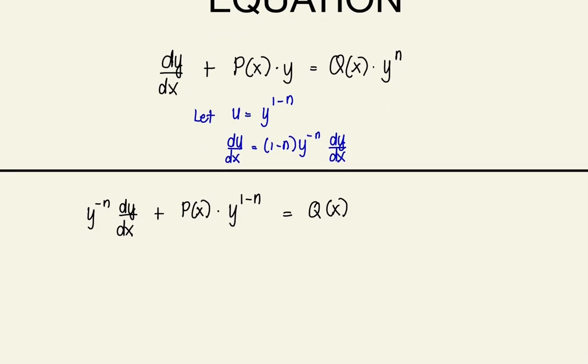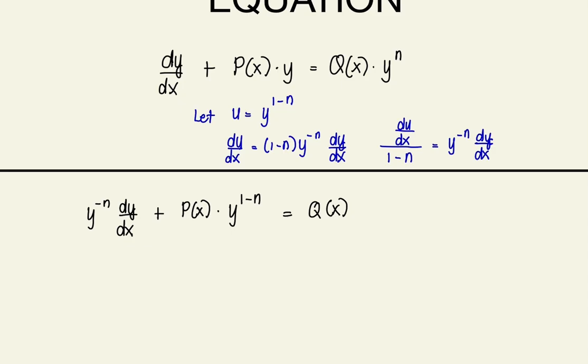And from the differential earlier, we can substitute this such that y^(-n) dy/dx is actually (du/dx)/(1-n). Again, from this one, we can write (du/dx)/(1-n) = y^(-n) dy/dx.